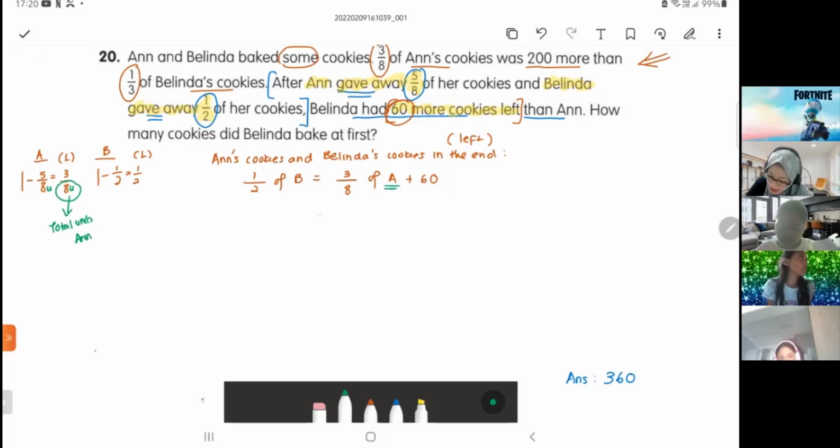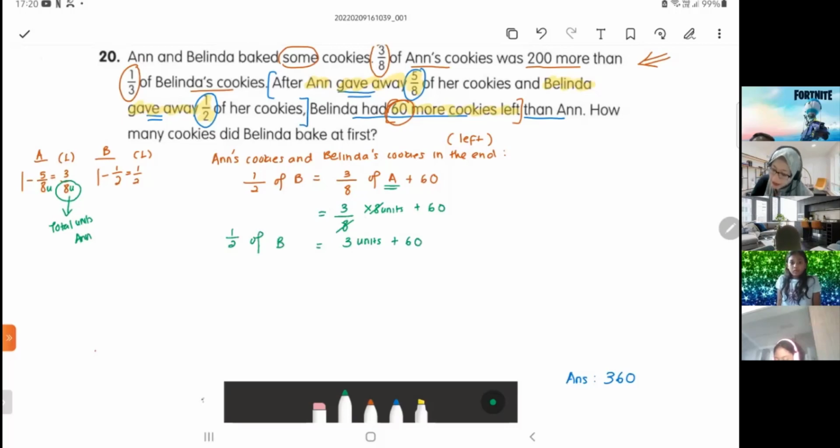So which means this is actually 3/8 times 8 units plus 60. Okay, so if you cancel, you get 3 units plus 60. So which means half of Belinda is equal to 3 units plus 60. So I have established this.